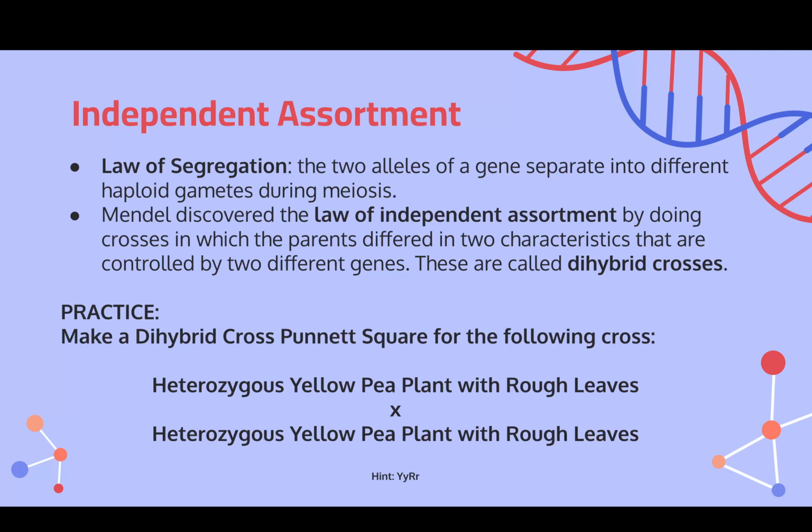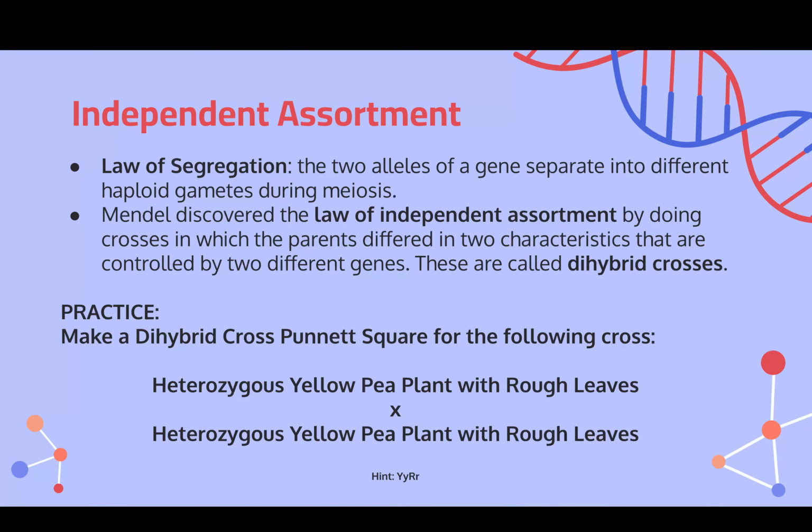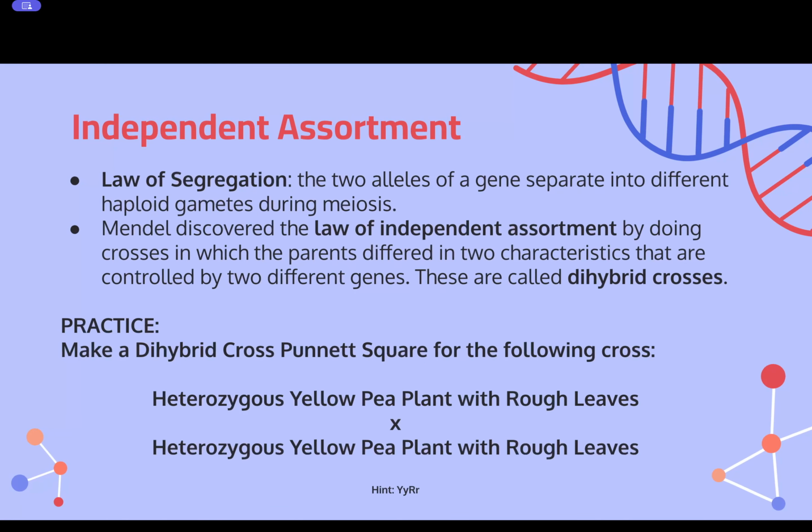Does anybody want to attempt? That is a Punnett square, and it's not a bad try, but this is a dihybrid cross, not a monohybrid cross. So it will differ by a little bit.